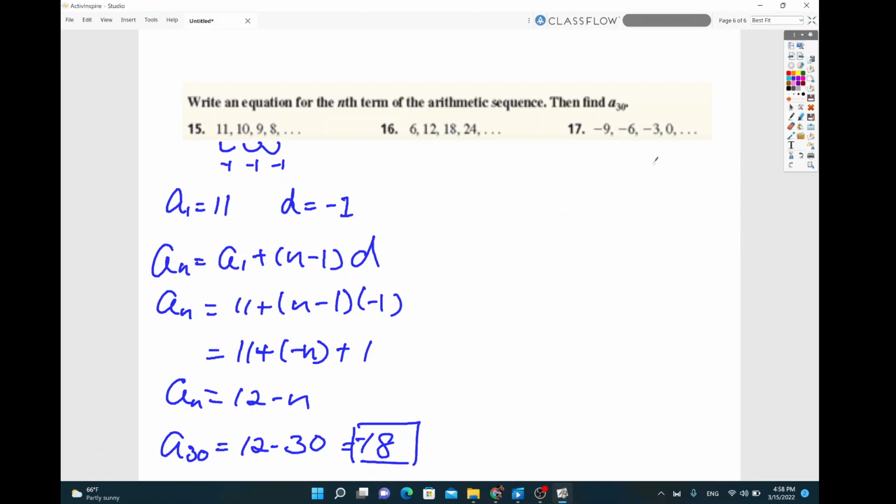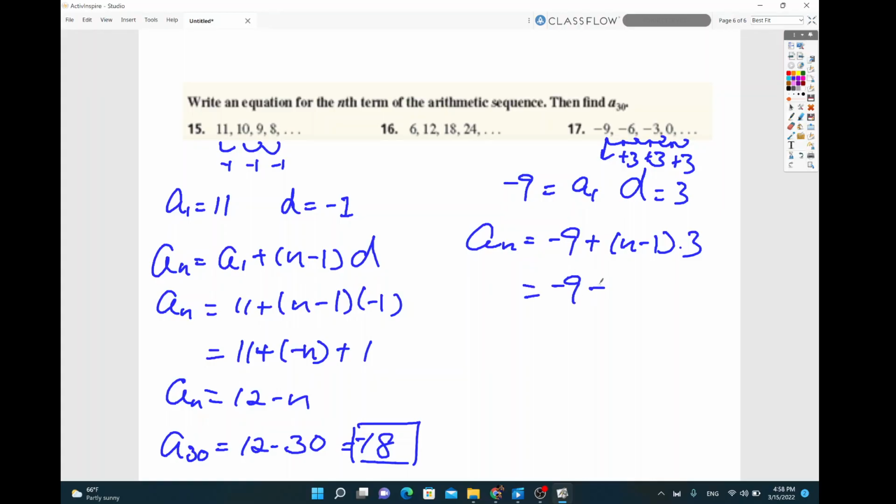And then number 17. a sub 1 is negative 9. The common difference: from negative 9 to negative 6, we add 3. Would that be the same for the next number? It is. Keep adding 3, so the common difference is 3. Applying the same formula, a sub n equals negative 9 plus the quantity n minus 1 times the common difference.